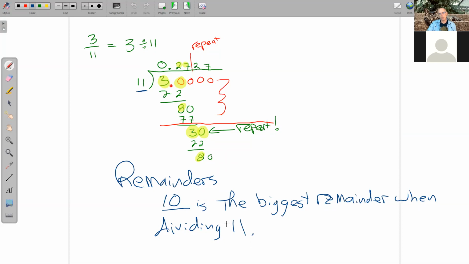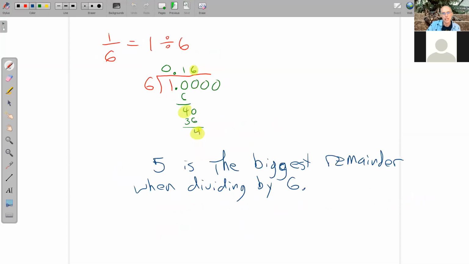So when you're dividing by a number, like 11, at most I can have 10 steps in my division before I have to repeat a remainder. When I'm dividing by 6, I can have at most 5 steps before I have to repeat a remainder, because I run out of remainders. There's only 5 of them.